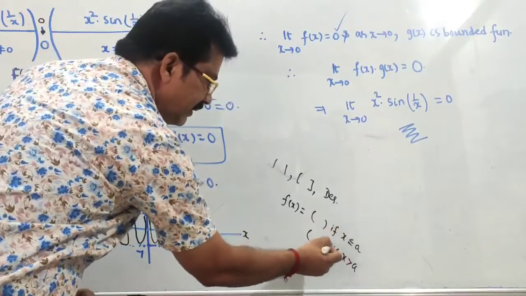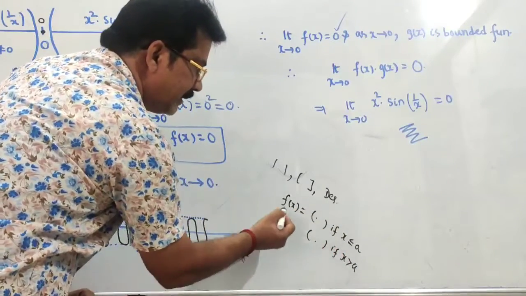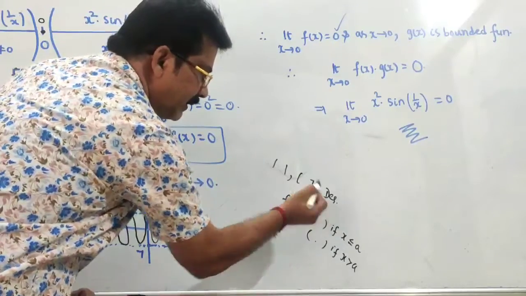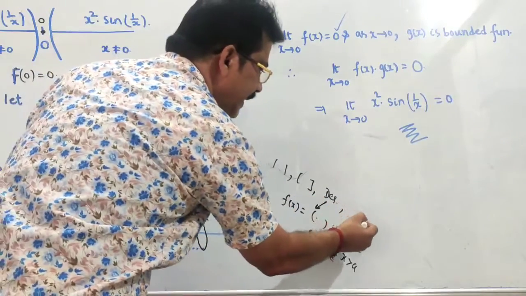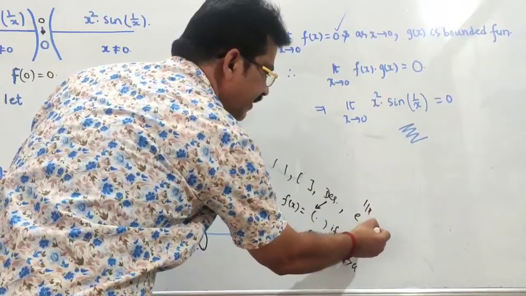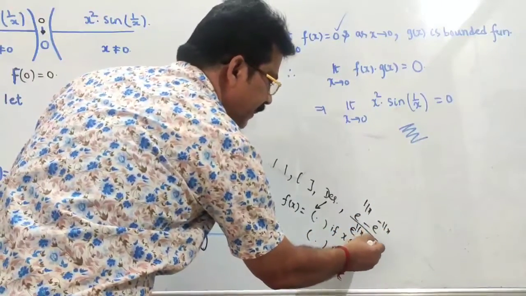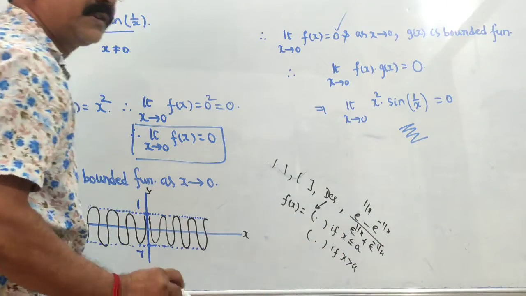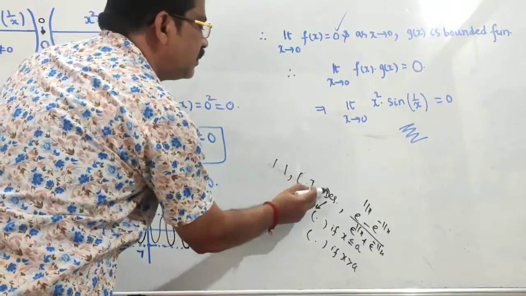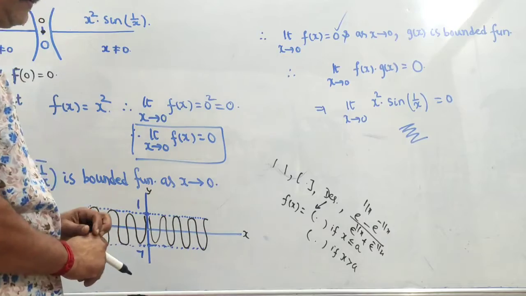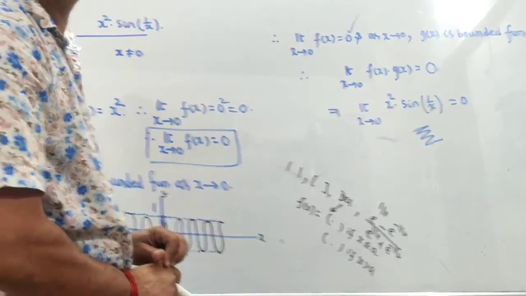In different intervals, it is defined differently. These kinds of functions are piecewise functions. And lastly, e power 1 by x minus e power minus 1 by x divided by e power 1 by x plus e power minus 1 by x. This kind of function. So 1, 2, 3, 4, these 4 kinds of functions are said to be special functions.